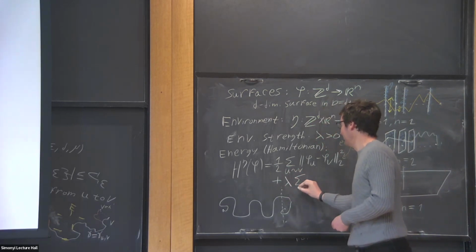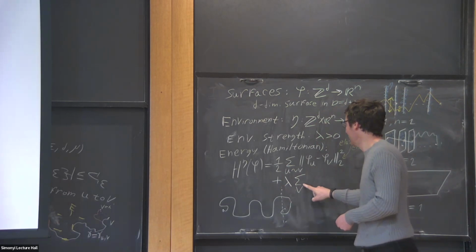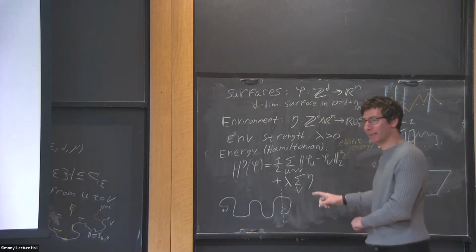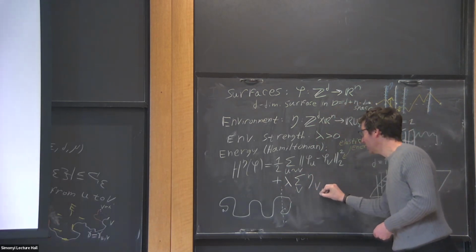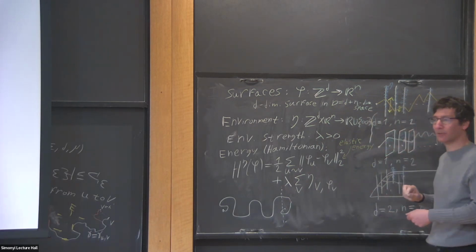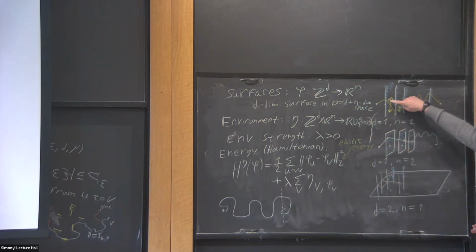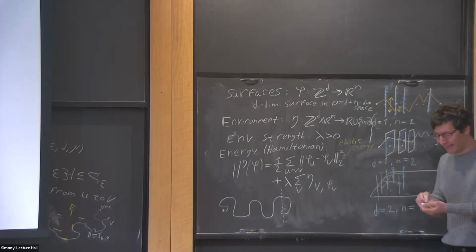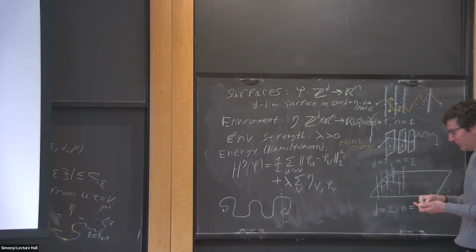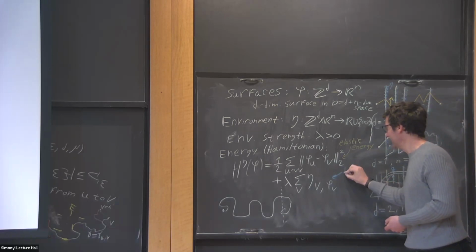I add lambda, sum over all the vertices, and I take the environment, eta, at the location that my surface is at. So if my surface passes here, it gets the value of the blue function here. Passes there, gets the value of the blue function there. So my surface is trying to balance between the elastic energy and the potential energy that comes out of the environment. This is the environment potential energy.